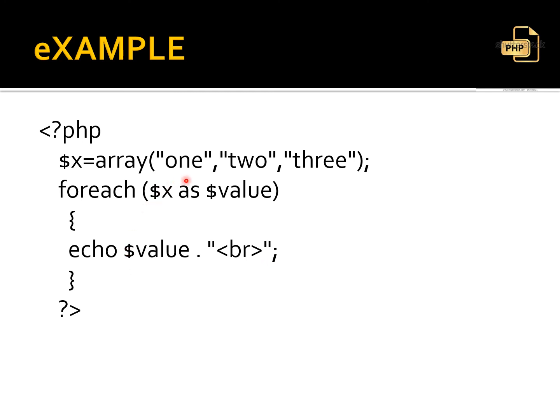In the third iteration, the array will point to the third element as $value, so $value has the data 3. So echo $value means 3 will be printed. Then control moves to the next line. So this is a simple example demonstrating the foreach loop.